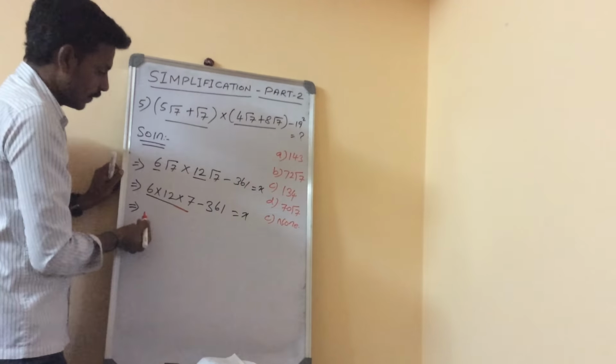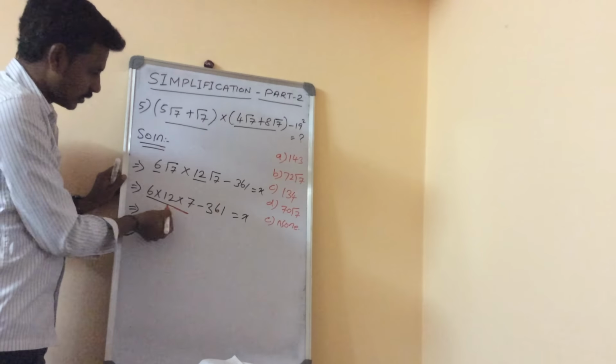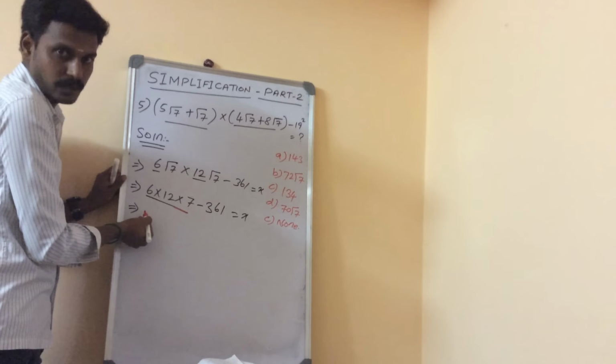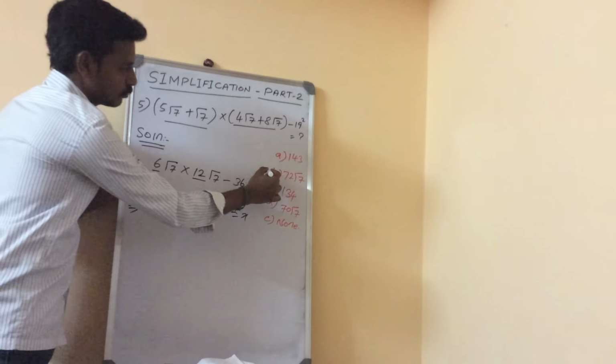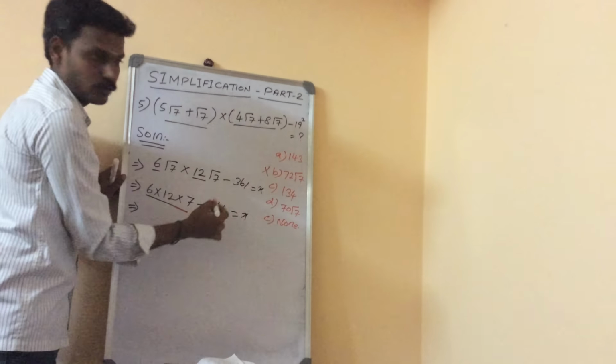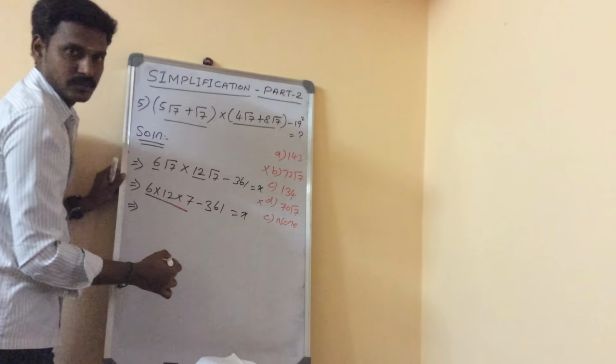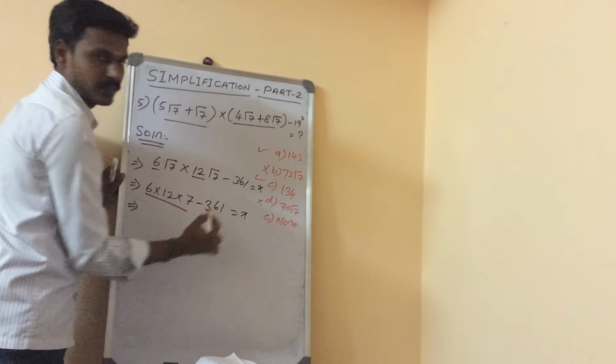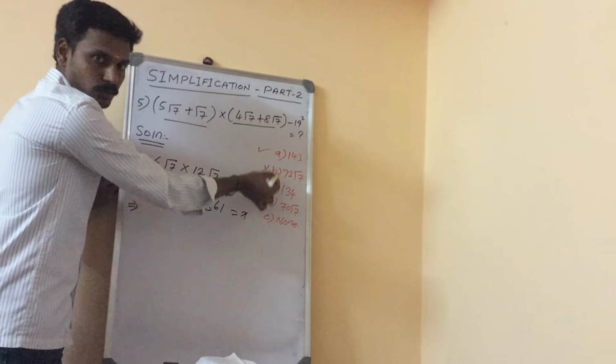Our target is the x value, so the answer will be a whole number. So there is no chance for 72 root 7 or 70 root 7. The remaining are 143 and 134, so we need to conclude between these two values only.